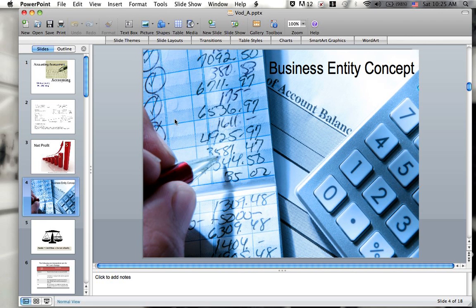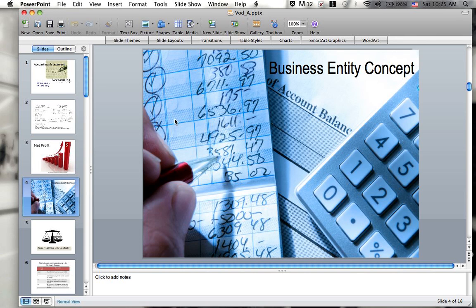The business entity concept is the idea that a corporation should be considered an individual entity separate from the individuals who make up the corporation or those who finance it. In other words, it means that for the purposes of accounting, the business and its owners are to be treated as 2 separate entities.